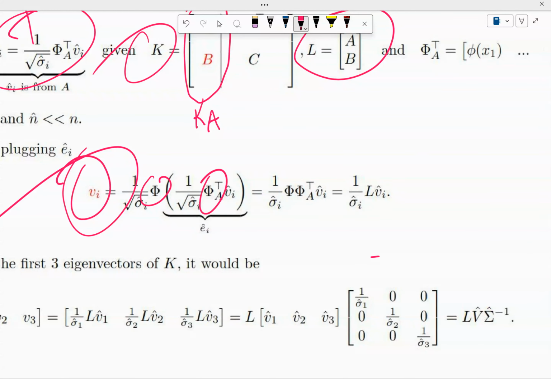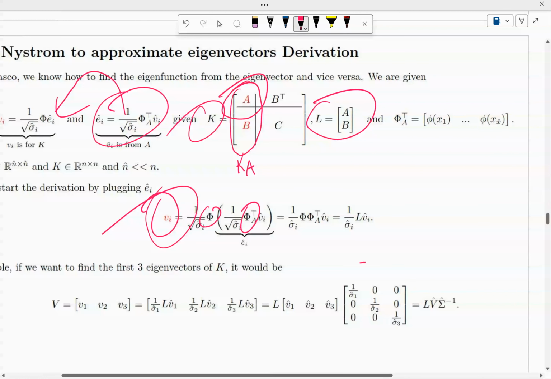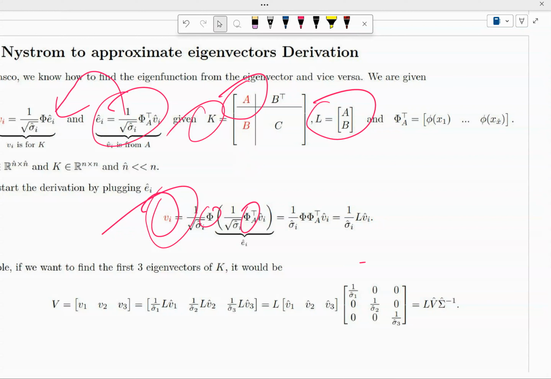It's almost magic. Of course, I need to add a caveat. A has to be big enough. If A is too small, then A is not representative of K, and it's not going to do a good job. So it depends on the data. If the data is huge, then you can pick a proportionally small A, and you will be able to do it.